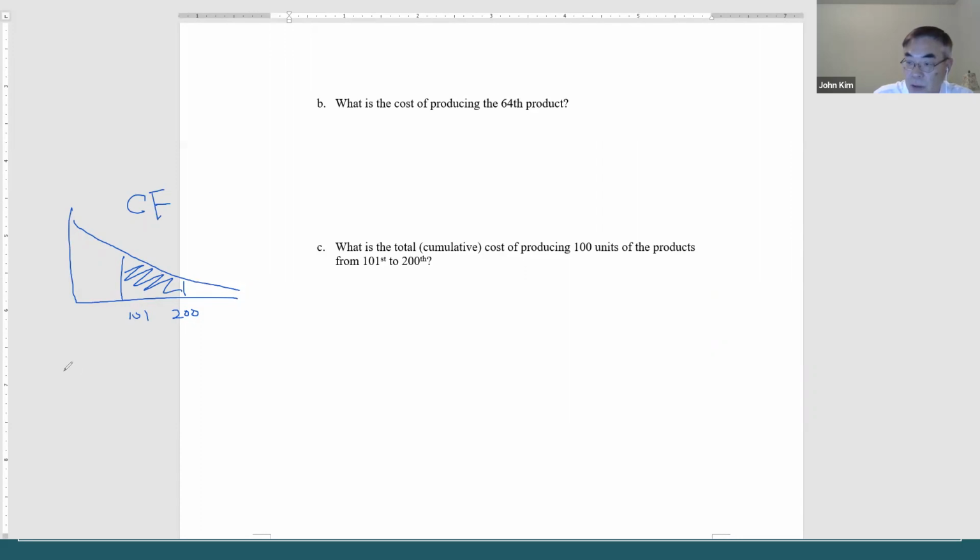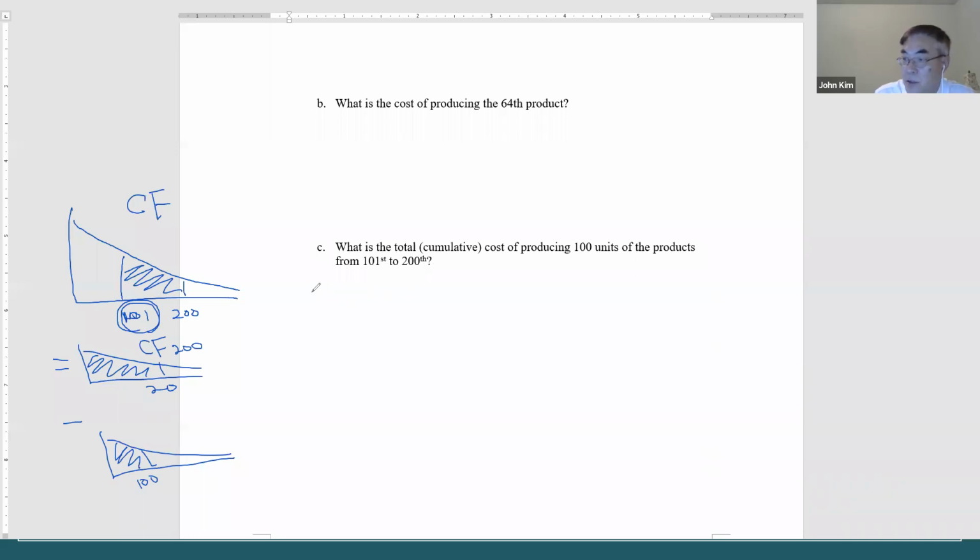That means cumulative factor up to 200 minus cumulative factor up to 100, because we need from 101.